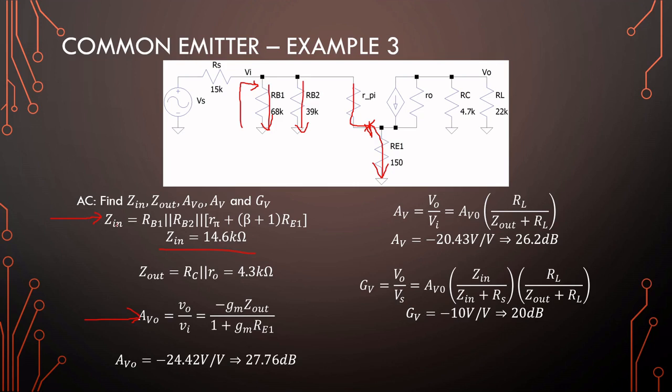This also opens up another avenue for us because we are dependent on R pi. But if this whole term is much greater than RB1 parallel to RB2, we can make our input impedance equal to RB1 parallel to RB2.